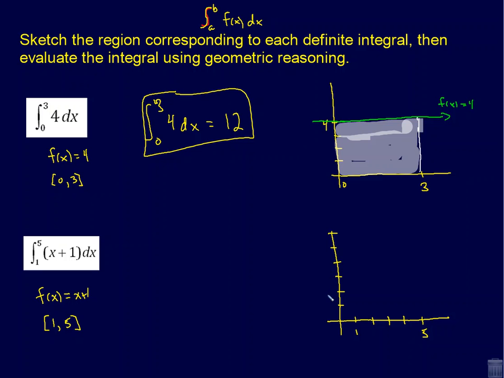So just picking a few key points, at x equals 1, f of 1 would be 2. And at x equals 5, f of 5 would be 6. And this would just form a line through here.